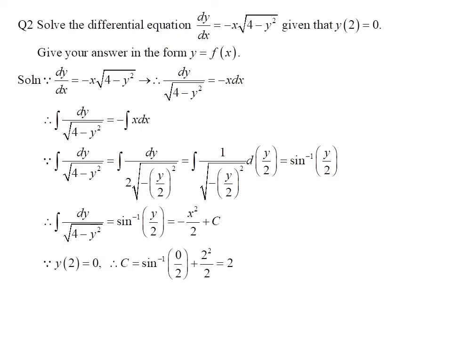Since y(2) equals 0, c equals arcsine of 0 over 2 plus 2 squared over 2, which equals 2. So, arcsine of y over 2 equals negative x squared over 2 plus 2, which gives y equals 2 times sine of (2 minus x squared over 2), or in parentheses.